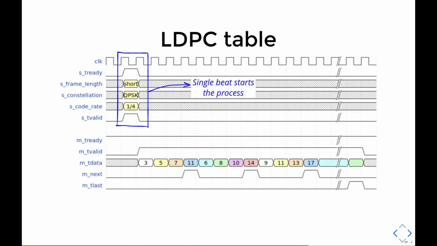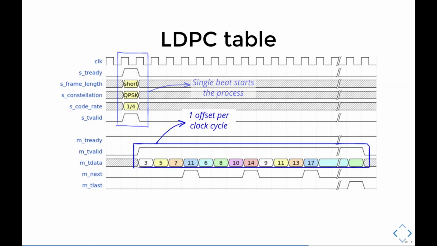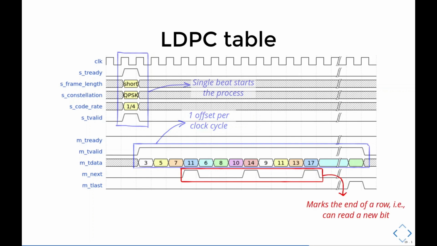Timing-wise, a single bit is going to start the process. The LDPC table then generates 1 offset per clock cycle. Besides the coefficients, the LDPC table generates an output called mNext, which marks the end of a row, that is, a new bit can be processed. And this means that this period here, corresponding to offsets 3, 5, 7, and 11, are related to bit 0.